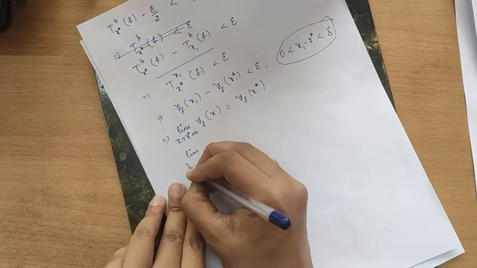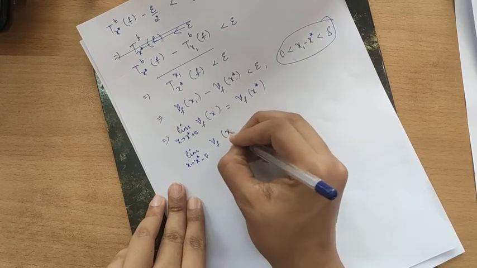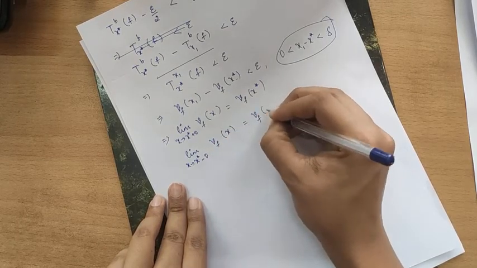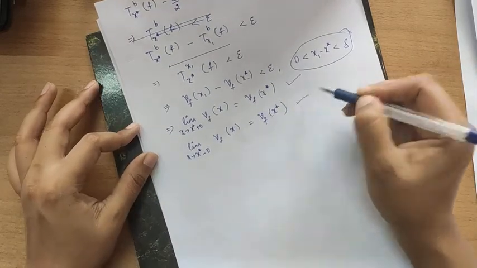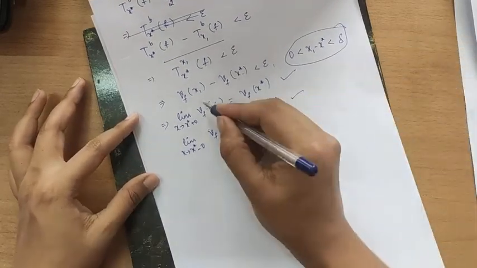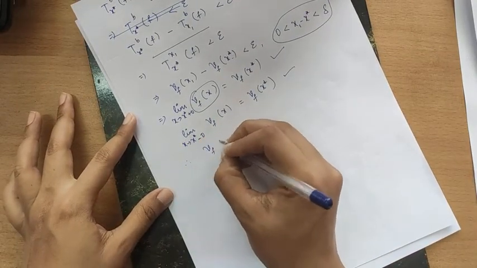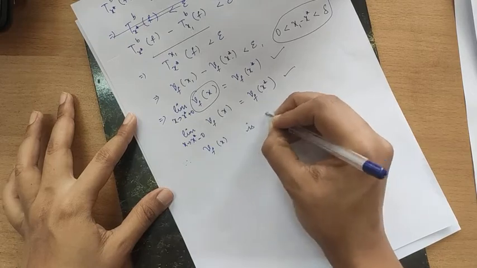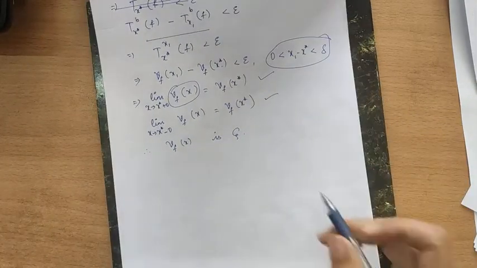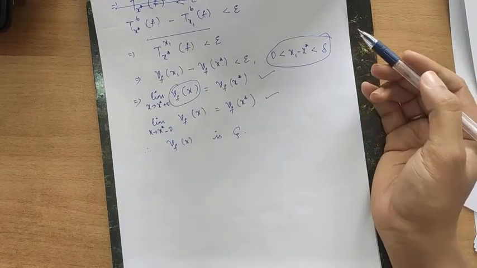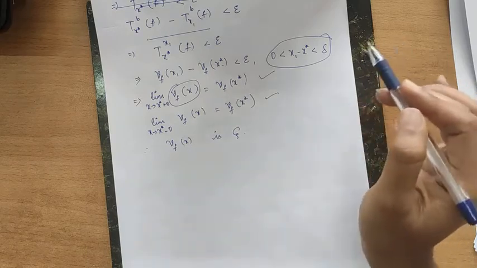Similarly, limit x tends to x star minus 0 of Vf of x is equal to Vf of x star itself. If right hand limit and left hand limit are equal, that means your function is continuous. Therefore, Vf of x is continuous. So that's all. That means if your f is a continuous function, then obviously its variation function Vf is also continuous.